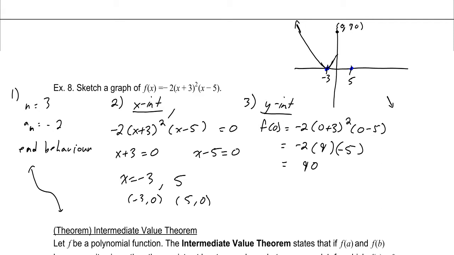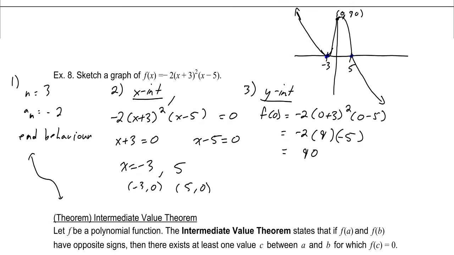Go back up. It is going to go up to 0, 90, and then at some point it's going to have to come down by 5, and it will decrease, looking something like that. I highly suggest that you put that in a graphing utility, whether that's Desmos.com or your calculator, and verify that it looks like that. It's going to be a little distorted because of my scale, but those characteristics will all hold.